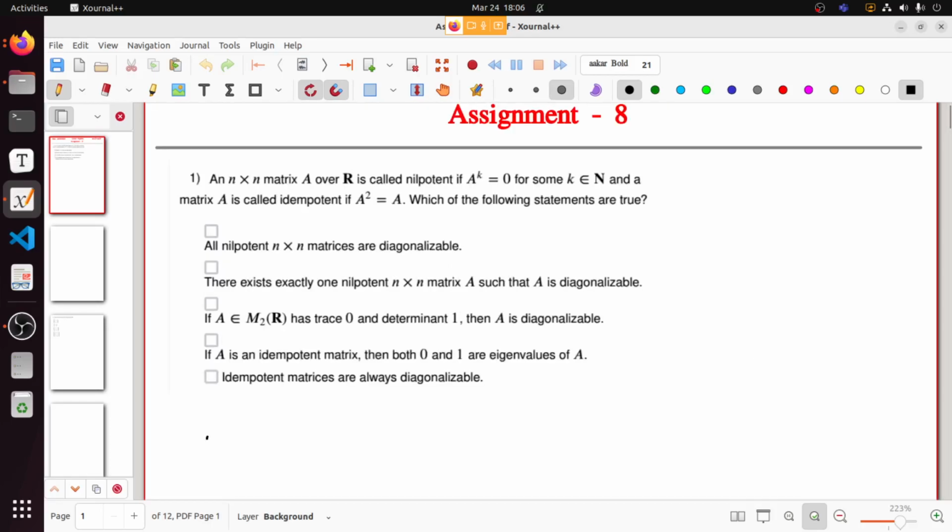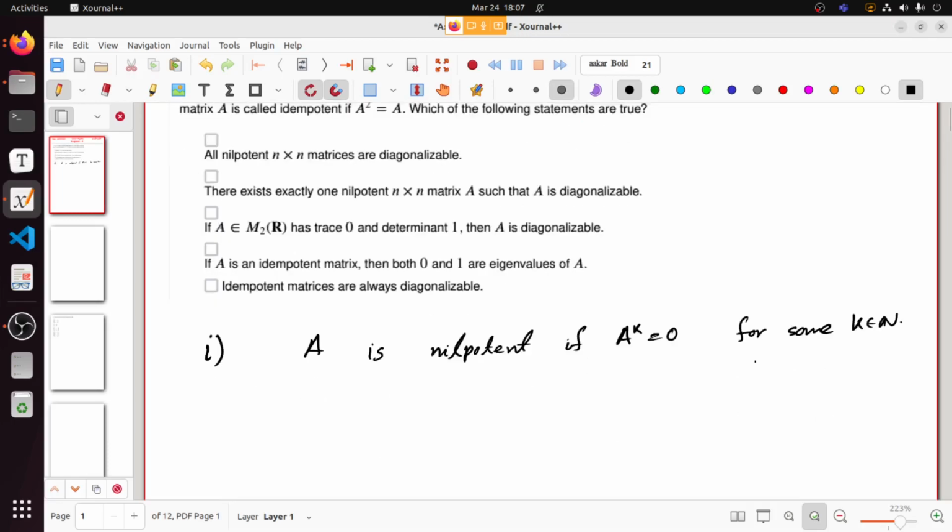So the first option. A is nilpotent if A to the power k equals 0 for some k belonging to N, and A is idempotent if A square equals A, right?